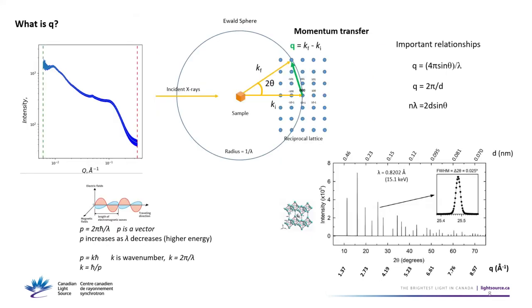I added this slide last night because someone who will remain nameless was like, "Hey, Adam, what's Q?" So SAXS is usually shown as intensity versus a Q value, and Q is momentum transfer. So photons, even though they're massless particles, they have momentum, which has a magnitude and a direction, so it's a vector.